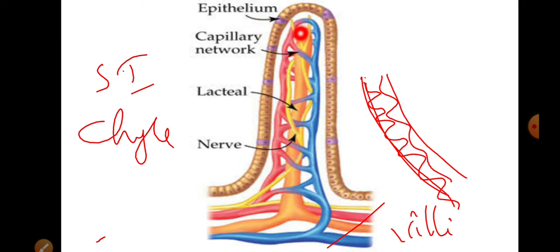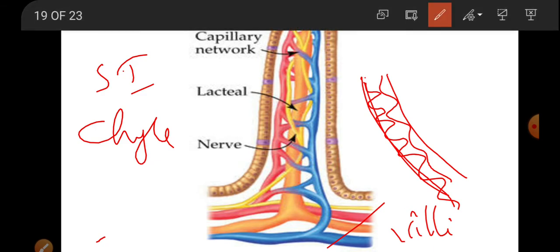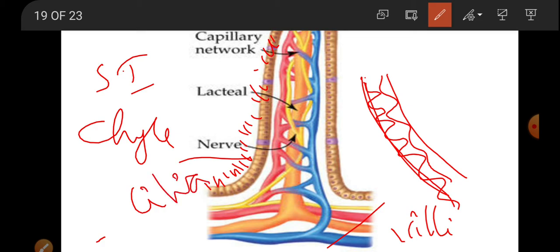Inside, the complete villi is richly supplied with blood capillaries, so that whenever food is absorbed here, immediately it is taken up into the bloodstream. On the outer surface of the villi, there are some small hair-like structures, which help in trapping the food material and absorbing it into the bloodstream.